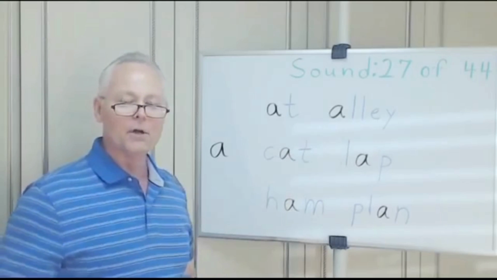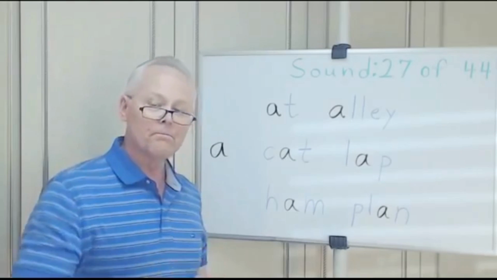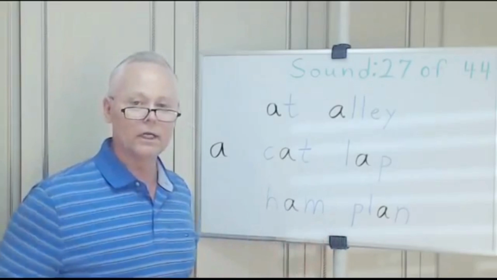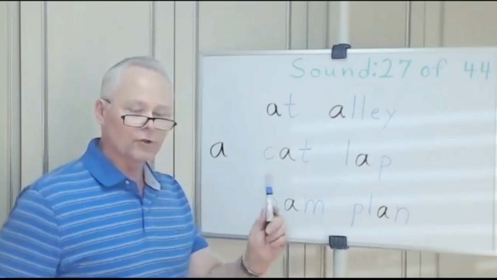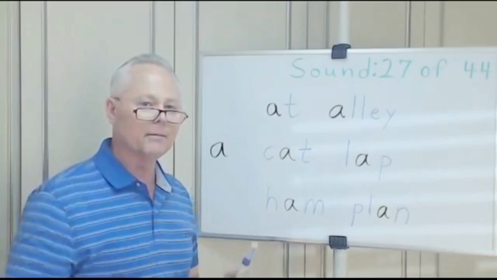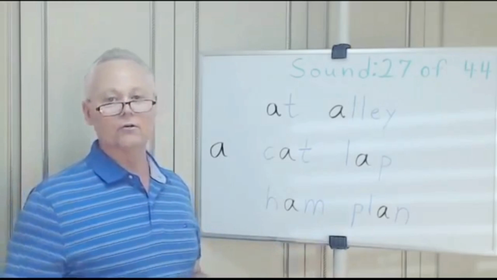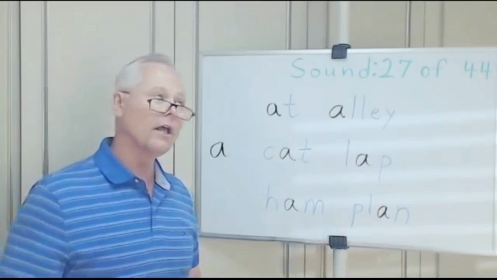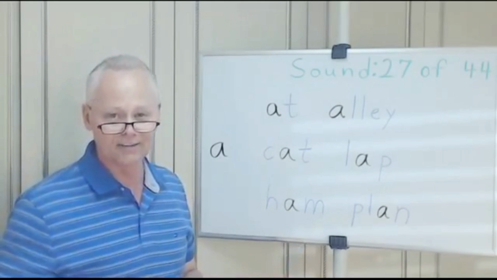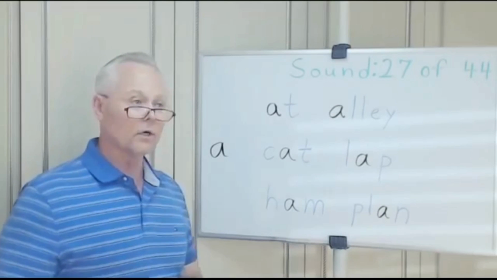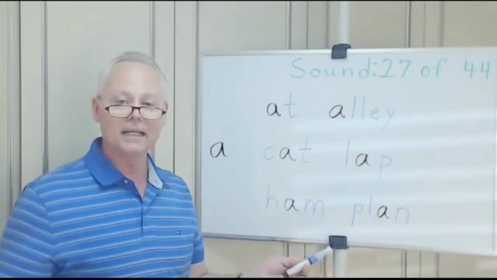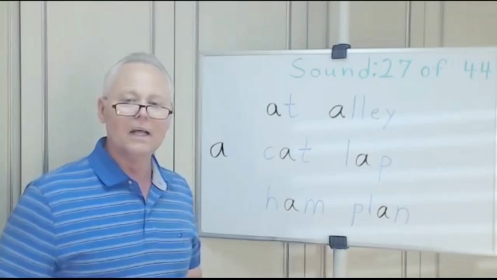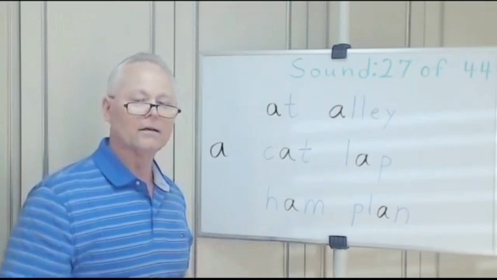Okay, we have alley. Alley. Perhaps behind your home, there is a very narrow road that's not really meant for much traffic. Just for you and your neighbor to drive in and out of your garage, for maybe the trash collector to come and pick up your garbage, to have packages delivered to your home or perhaps to a business. An alley. It's a small little service lane behind a building.